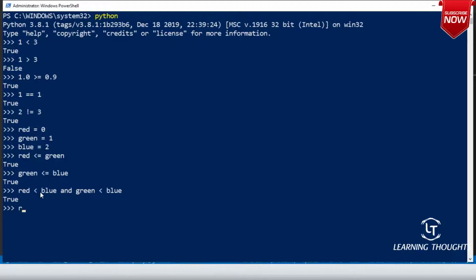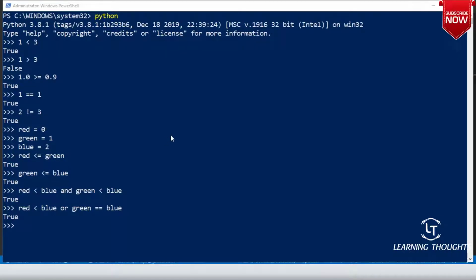So is red less than blue and or green is equals to blue. Am I clear on this? So you can use and, or as operators, which will try to combine your expressions. Am I clear on that, sir?